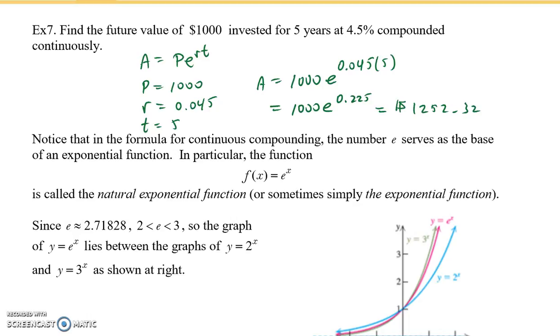So the increase in interest with continuous compounding is not necessarily much greater than compounding a finite number of times per year, quarterly or monthly, something like that. But it is the highest amount of money we can earn under any compound interest scenario.